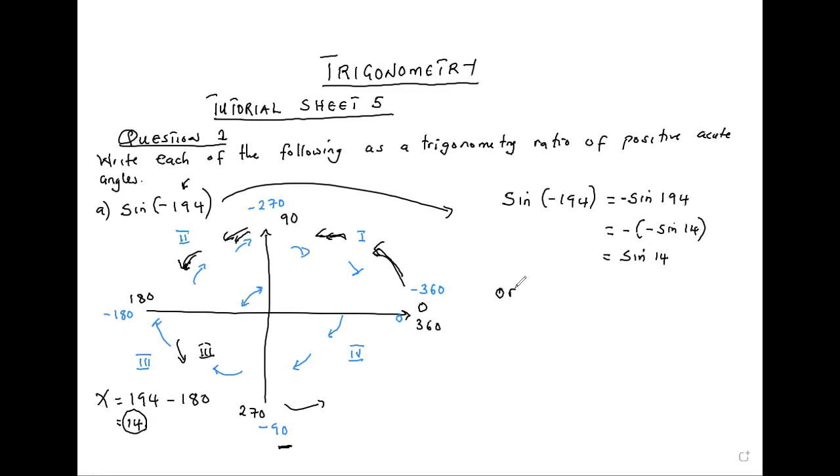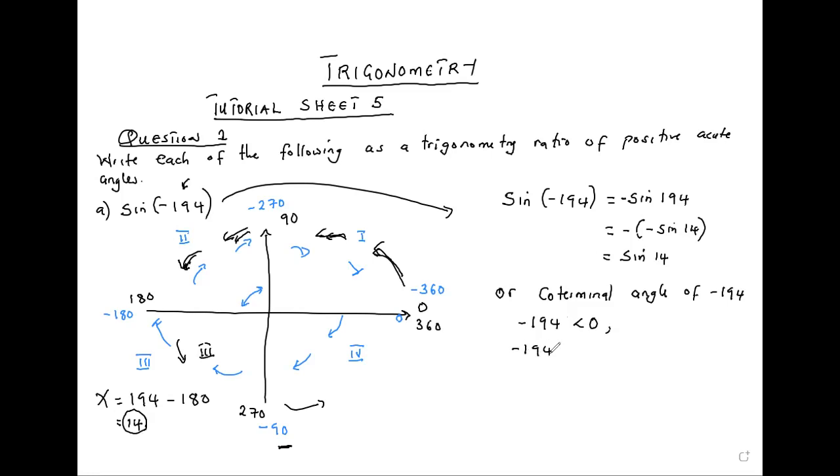Or you get the coterminal angle of negative 194. Because negative 194 is less than 0, for us to bounce back to the required angles, we'll add 360.